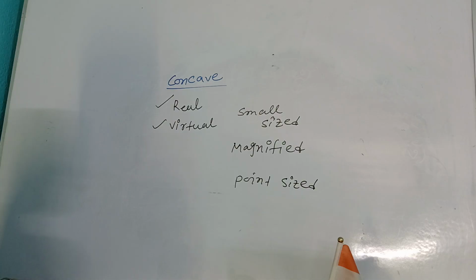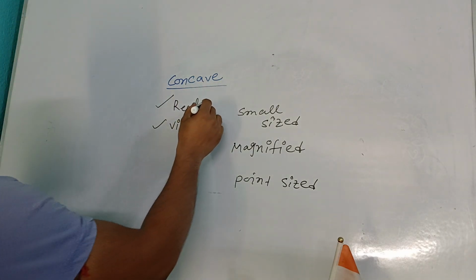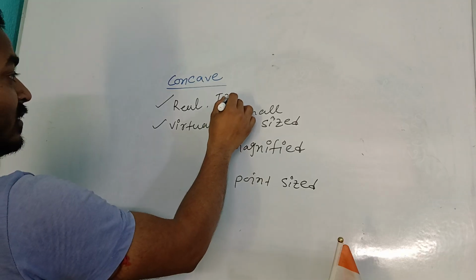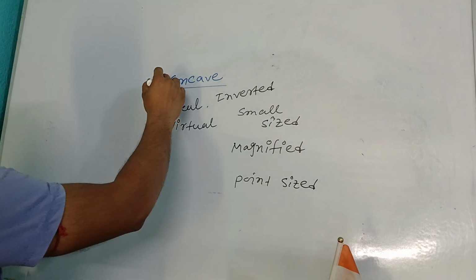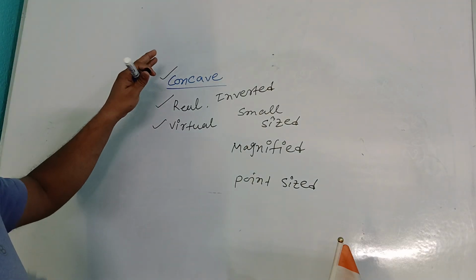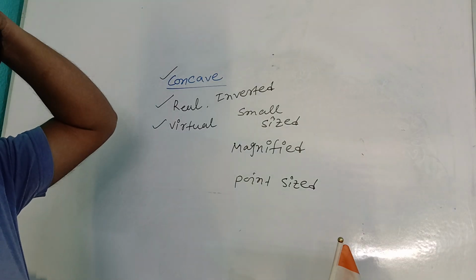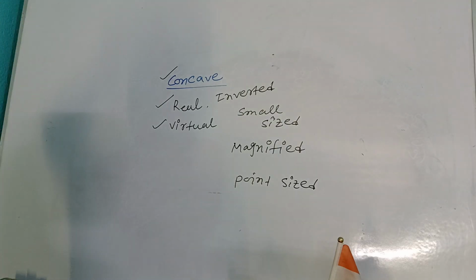Clear? So sometimes you are getting a real image, meaning an inverted image. In case of a concave mirror, why is it very much important? See, convex means always our rear view mirror, the looking glass. Convex, not concave.